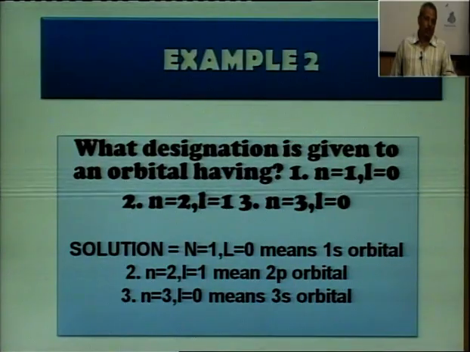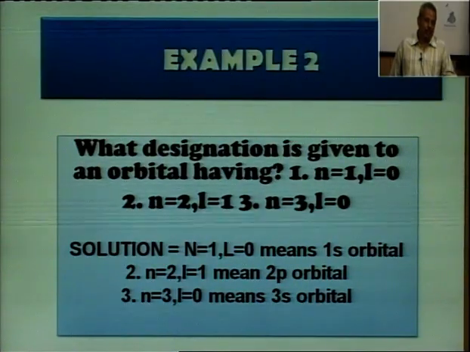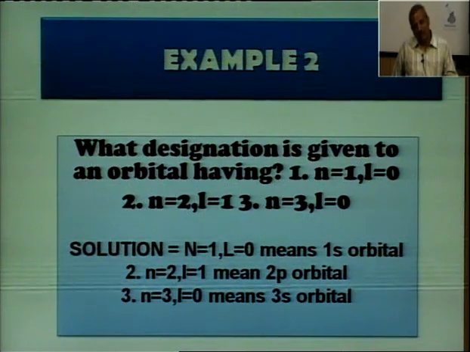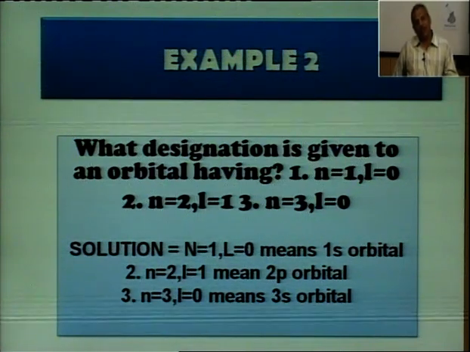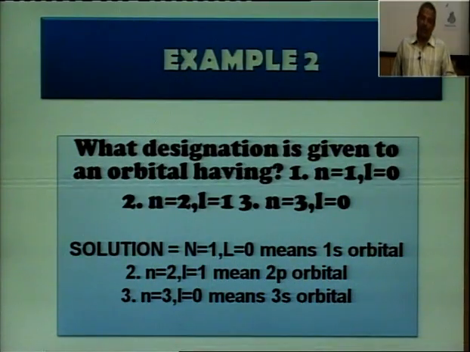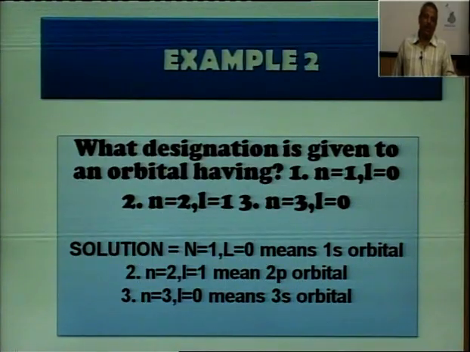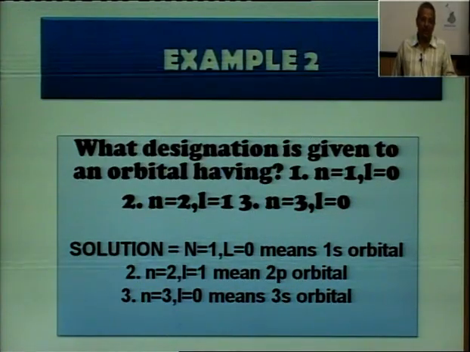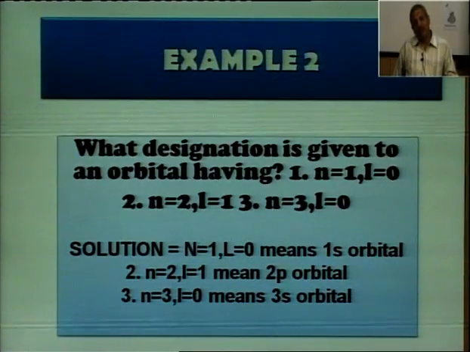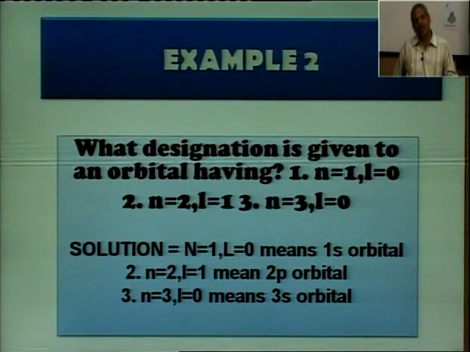From this we say that the electron is revolving in the 2p orbital, because L is 1. There is another possibility: if L is equal to 0, then the electron is rotating in the 2s orbital.